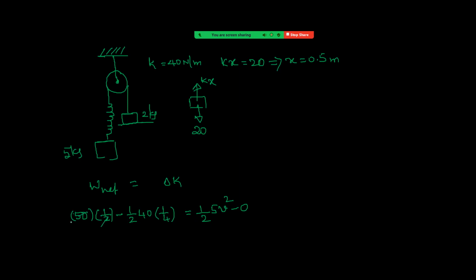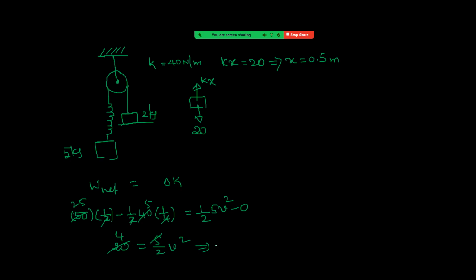And remain just calculation part. We can see this is 25 and here 4 10 times, and this is now 5. 25 minus 5, 20. 20 equal to 5 by 2 v square. 5 here 4 times 4 to 8.